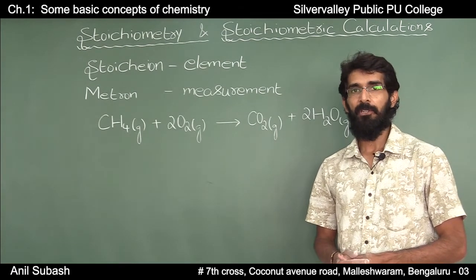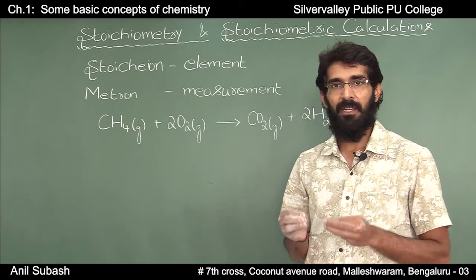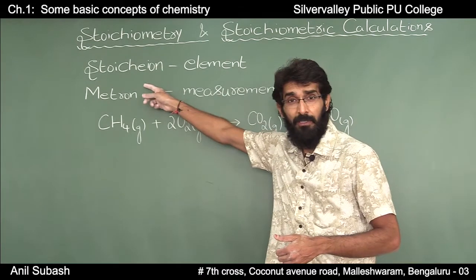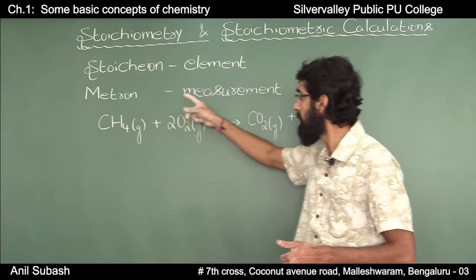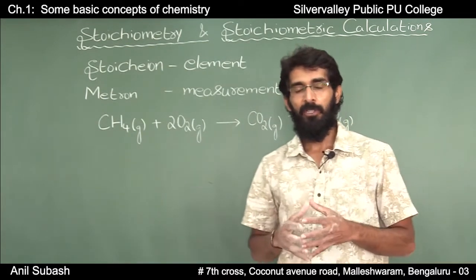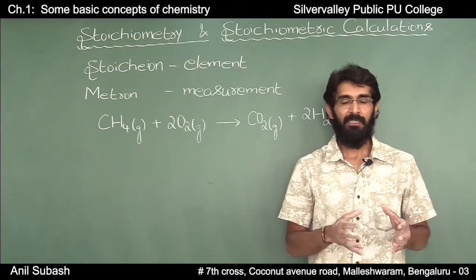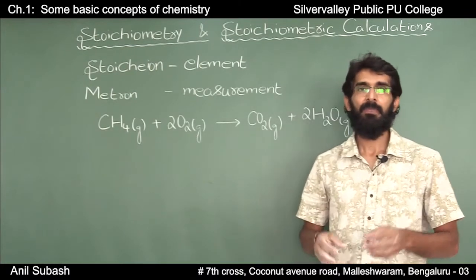Stoichiometry and stoichiometric calculations. Stoichiometry is derived from two Greek words, stoichion, which means element, and metron, which means measurement. Therefore, stoichiometry deals with the masses of the reactants and the masses of the products.